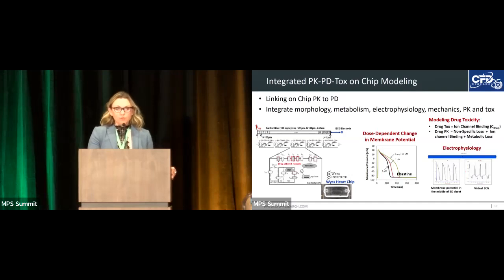On the chip, we do model the drug PK with the different losses and binding and flow, but then we can also use that to simulate drug toxicity using the drug concentration for ion channel binding. And you can see in the bottom corner, I know it's already stopped, but it's the replication of the electrophysiology of the heart, not the tox affected one, but just under the normal conditions, where we mimic what is seen on chip and then what's seen for the virtual patient.